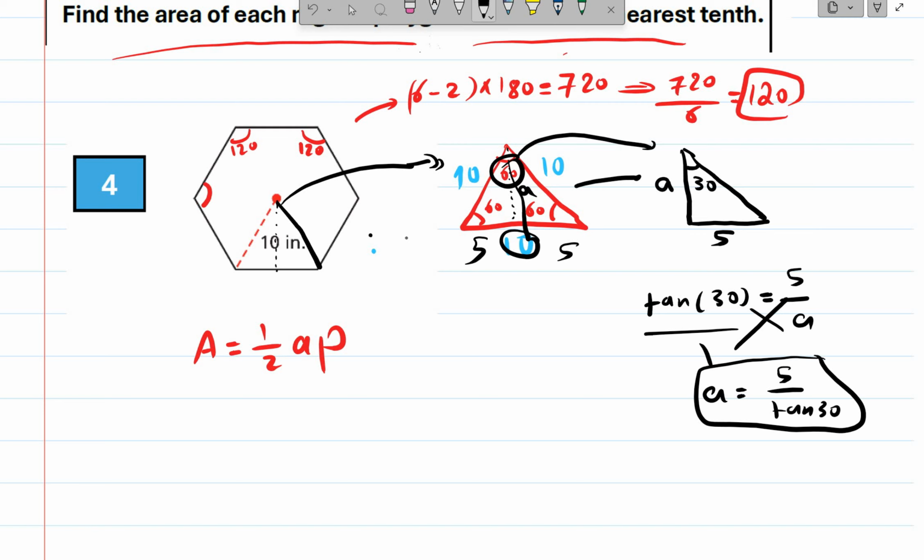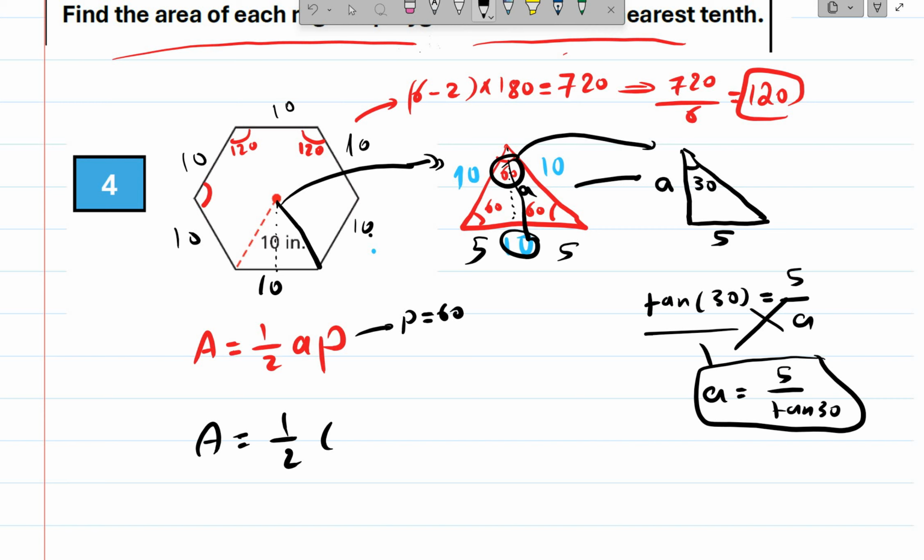Since each side is 10 and it's an equilateral triangle, all the sides are going to be 10. That's why 6 times 10, P equals 60. So area equals 1 over 2 times A, which we found as 5 over tan 30, times P.